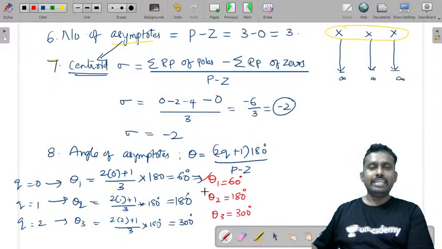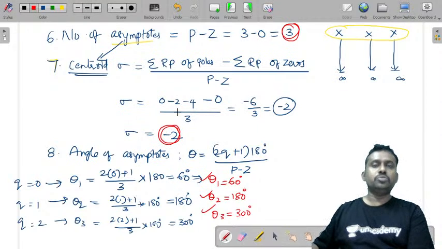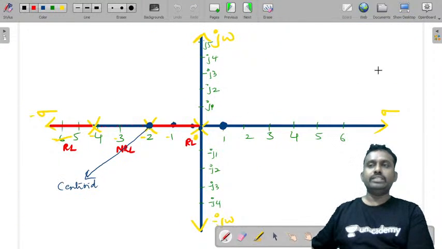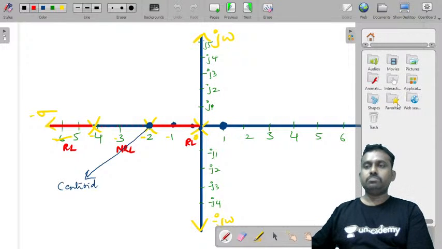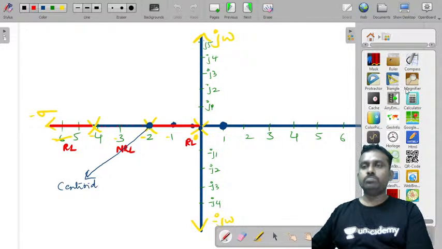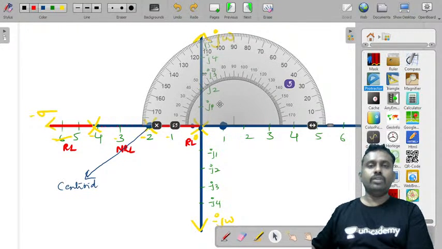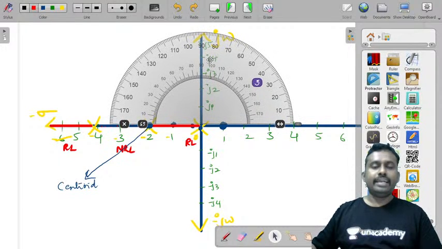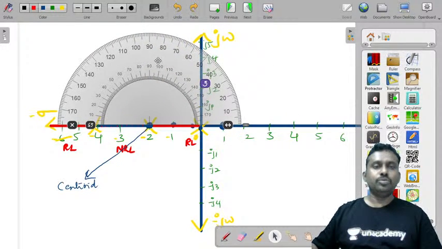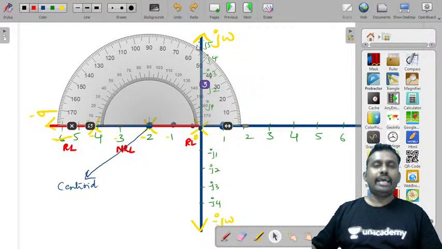So with these angles, we need to draw three asymptotes at minus 2. Let us use this protractor, and at minus 2, we need to draw three lines with these angles.